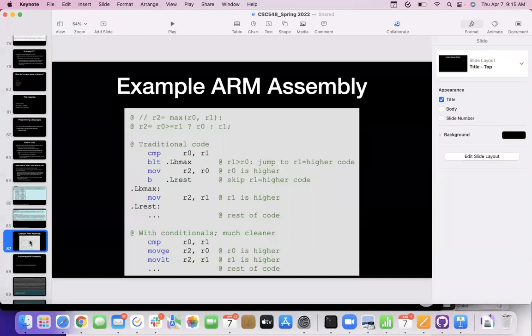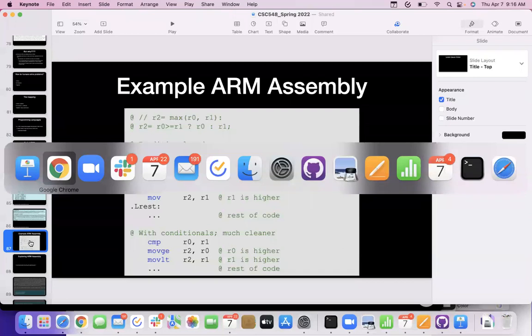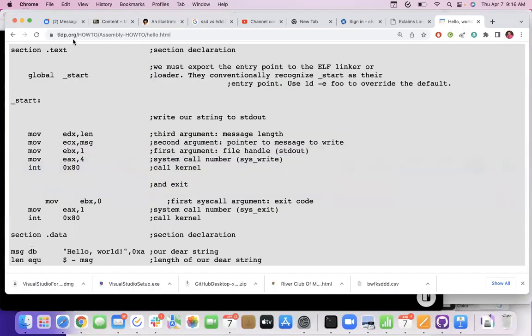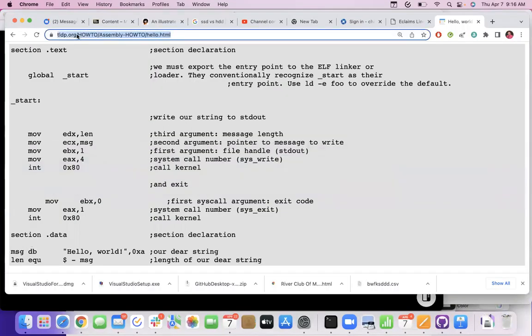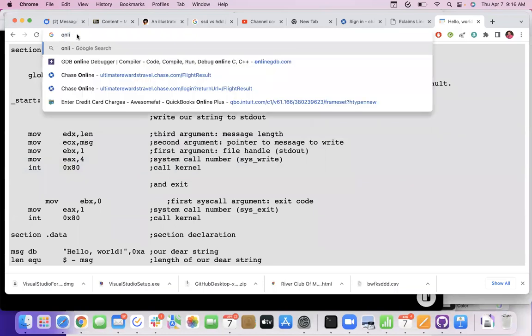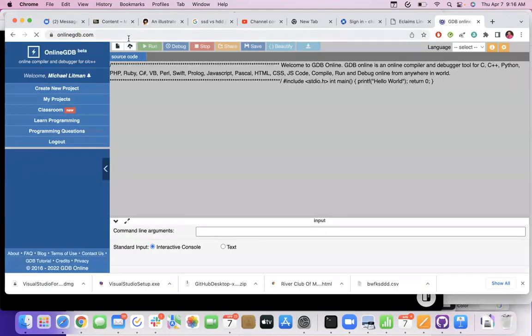So you can do this in any text editor. You're going to have a hard time testing it unless you embed it in an already working ARM program, which you can do. I'm not saying you can't. Let's just look here real quick. Online GDB.